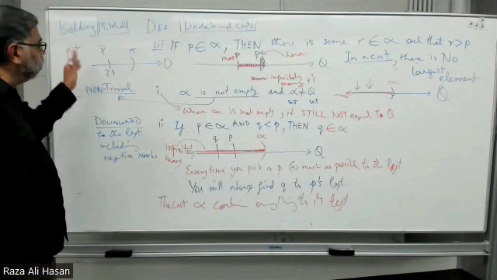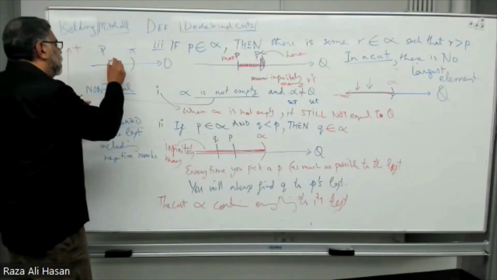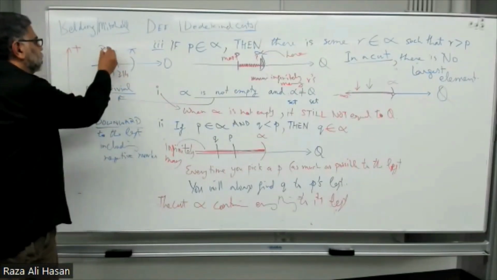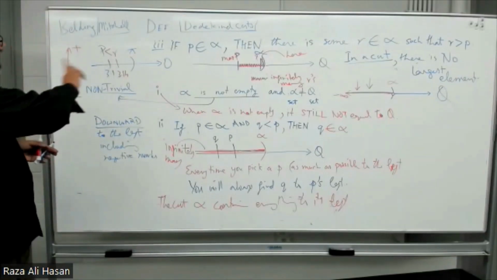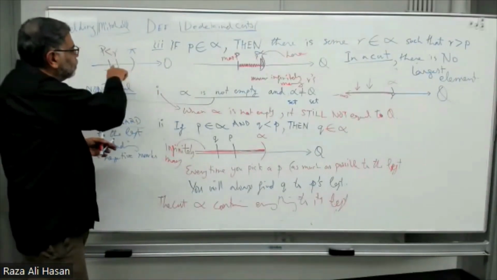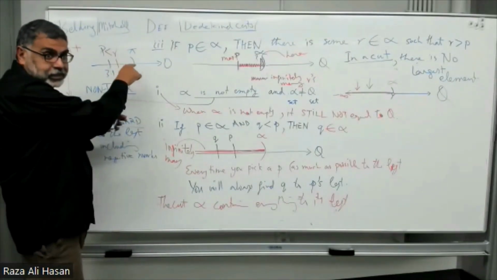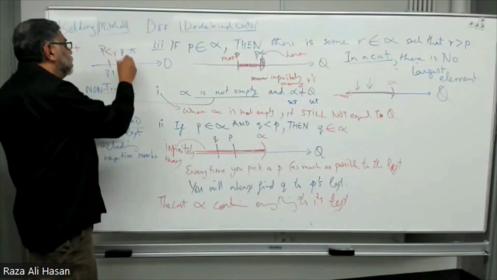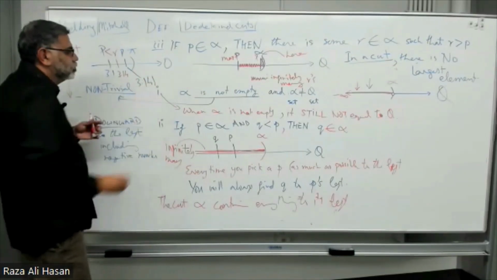And I say, no, look to your right, there is an R, and that R is 3.14, and it's bigger than P. You say, okay, I look to the right of R before where pi is sitting, where the cut is sitting, and I found another, this number here. This is the max number.